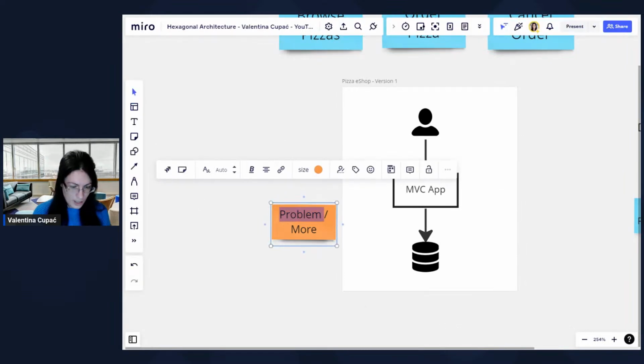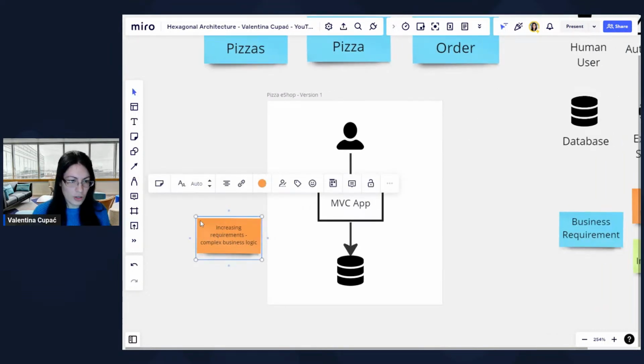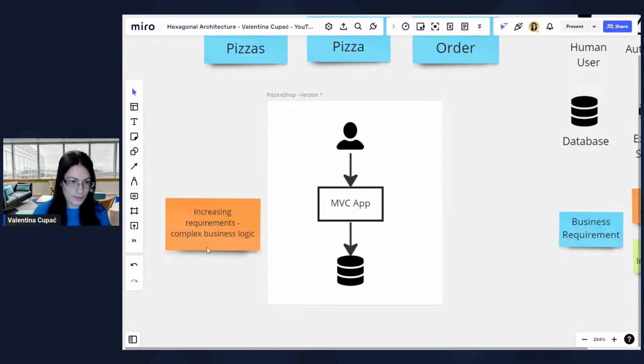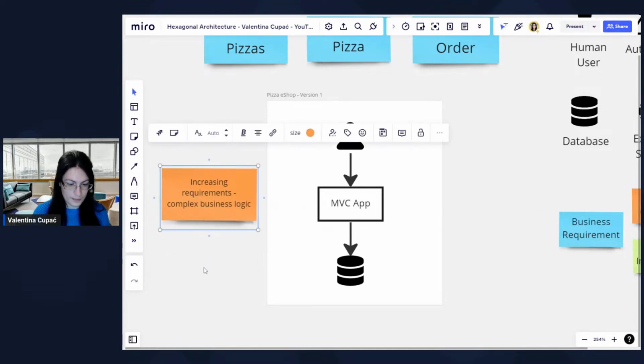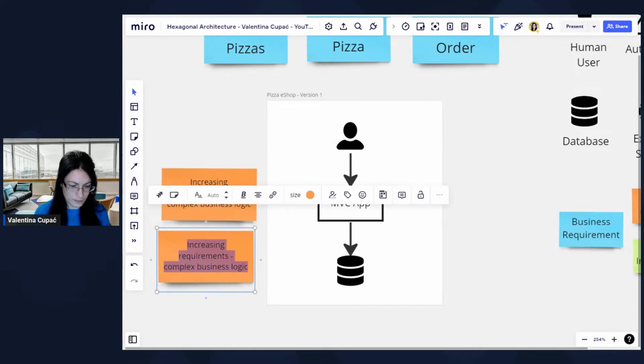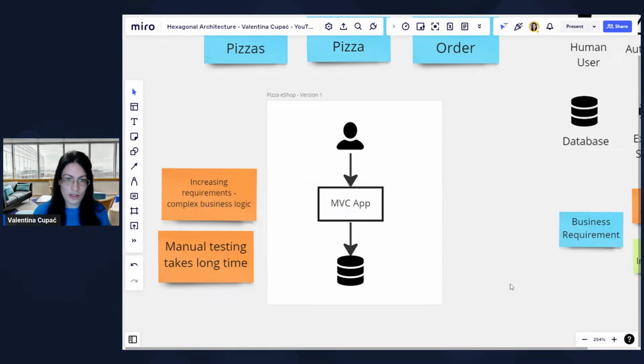Okay. So we have increasing requirements and essentially complex business logic. And it's taking longer and longer to test. I mean, manual testing takes a longer time.